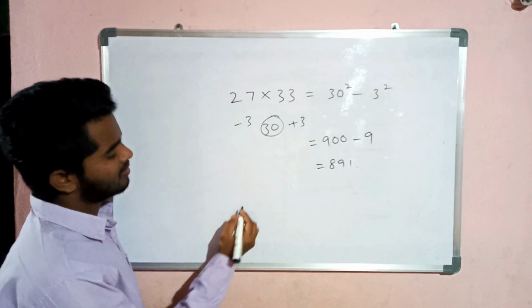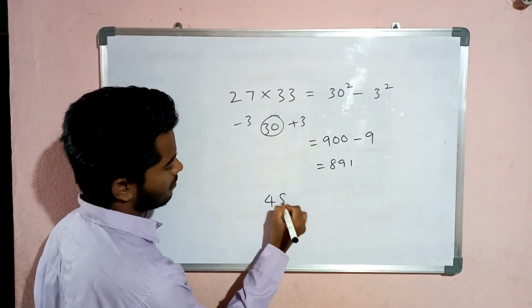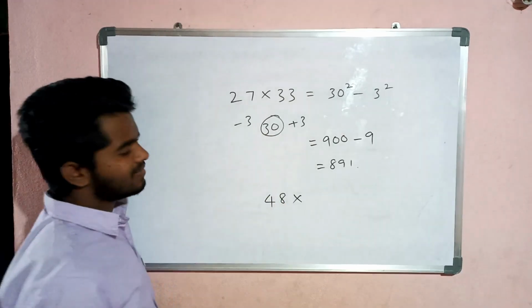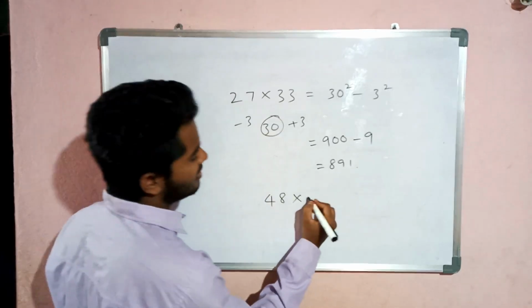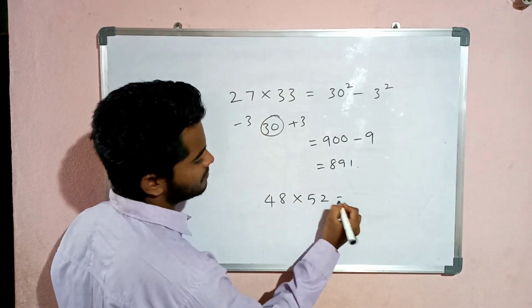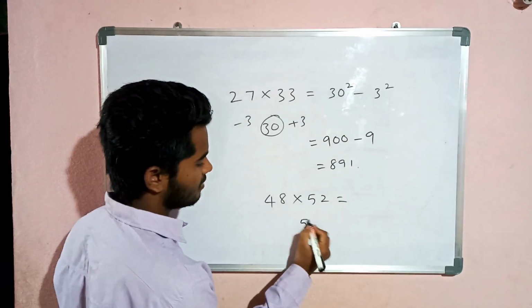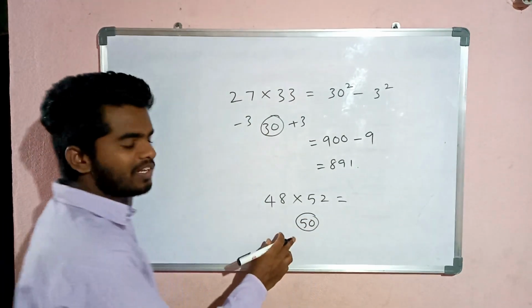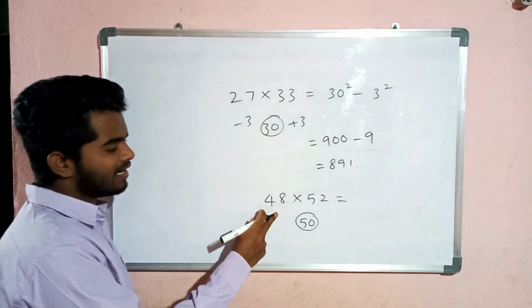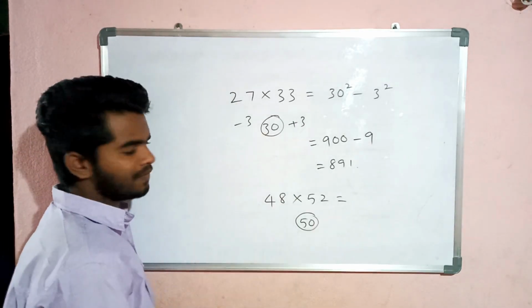Next example. 48 multiplied by 52 equals what? The common number is 50. 50 minus 2 is 48, and 50 plus 2 is 52.